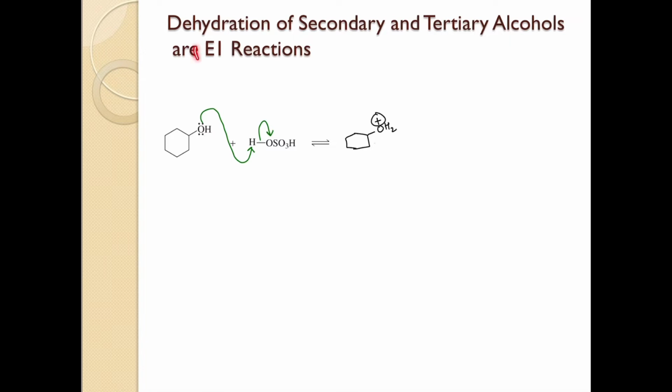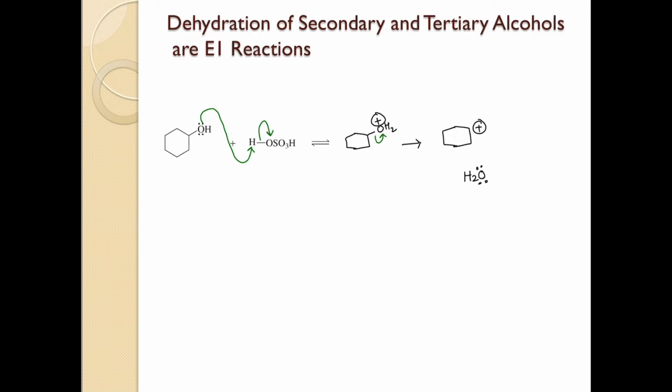Now, in an E1 reaction, we know that a stable carbocation is formed, right? The leaving group is going to leave, forming a stable carbocation. And here is your carbocation. In the next step, we need to look into the beta hydrogens. The abstraction of the beta hydrogen by the base happens, thereby forming the double bond. Since water has been eliminated, that's going to act as a base.